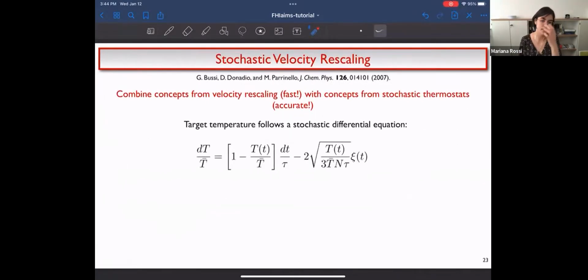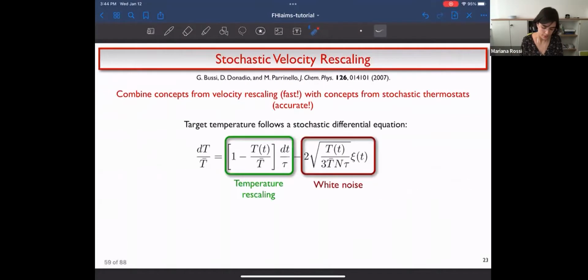More modern thermostats that you will see in the exercises, they try to get ideas from both, let's say, the Berendsen and the Andersen thermostat, or Berendsen, Langevin, stochastic-like thermostats. And there are these stochastic velocity rescaling thermostats, and they have a temperature scaling part and a white noise part.